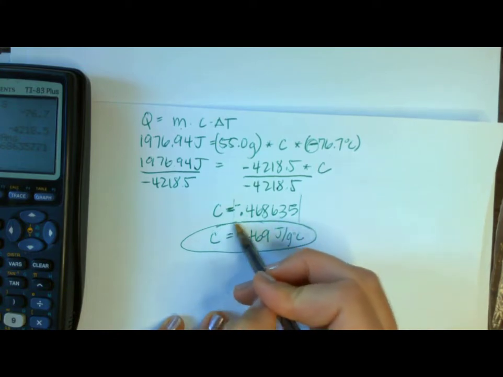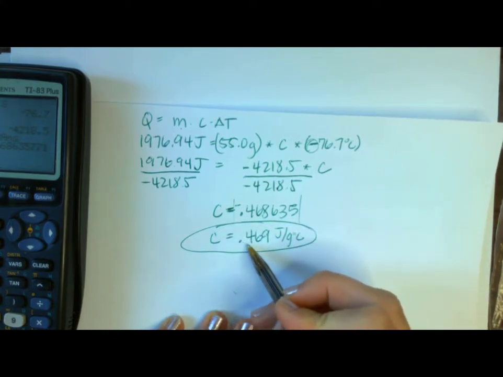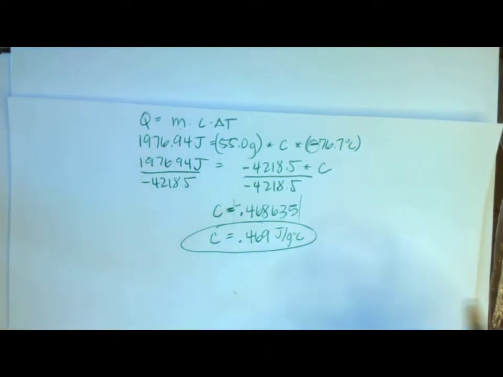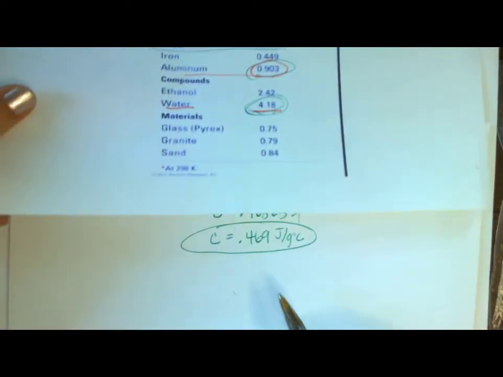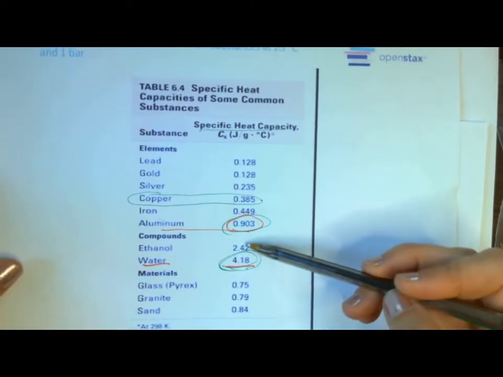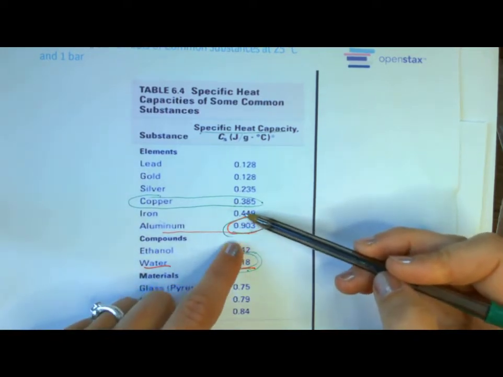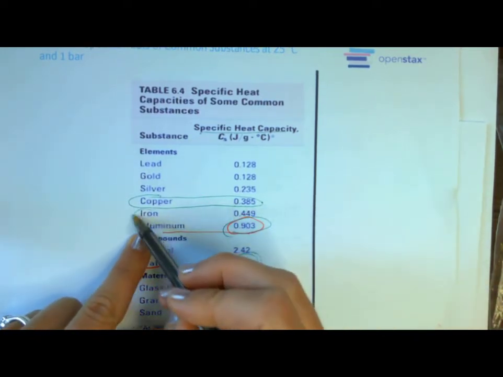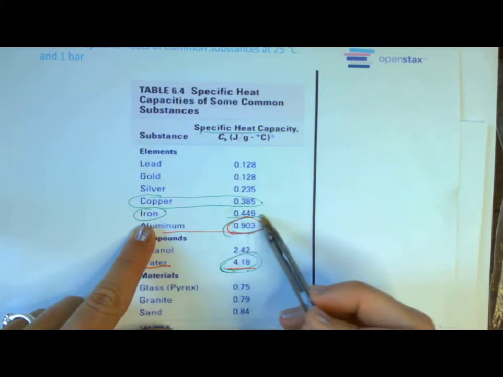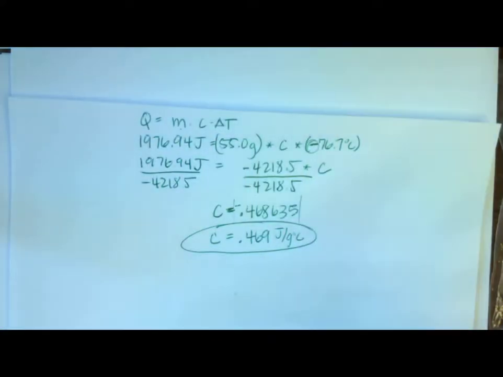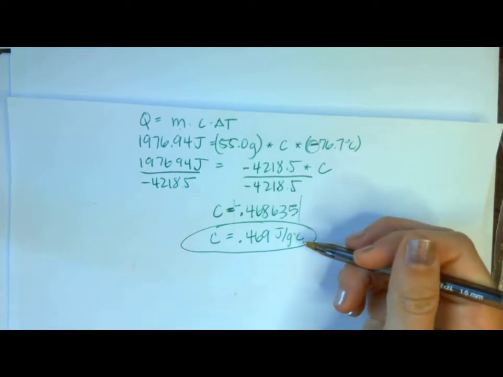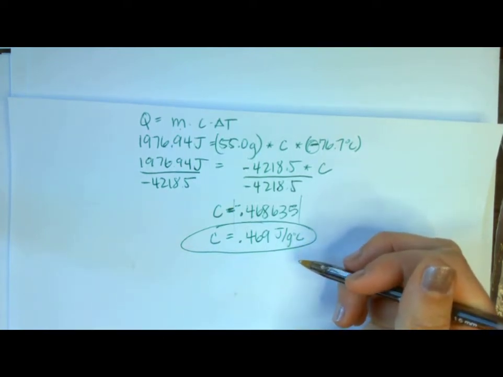So our specific heat with 3 significant figures would be 0.469 joules per gram degree Celsius. And if we were to look at our common specific heats, 0.469, that is really close to the standard specific heat of iron, 0.449. So if we did not know what that metal was, we would be able to take a pretty good guess.